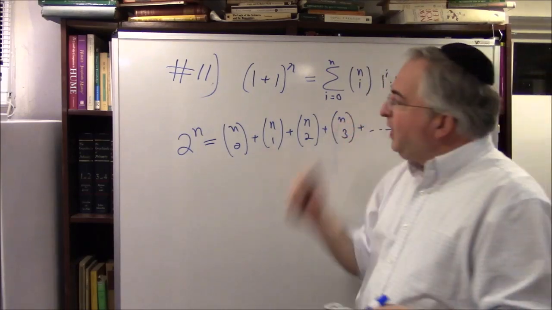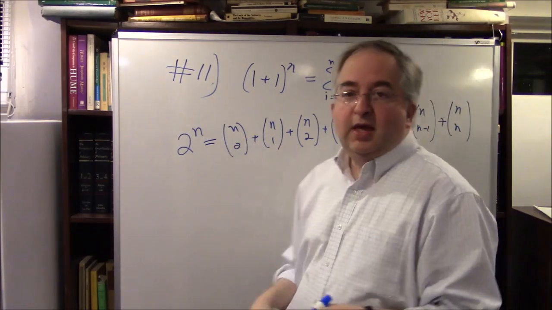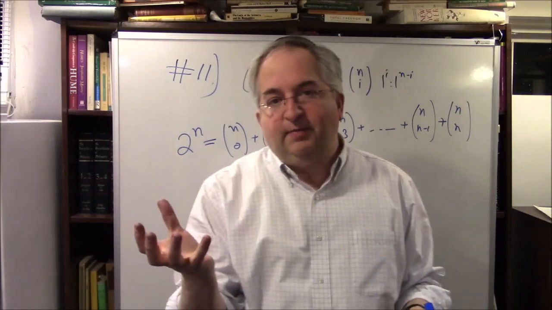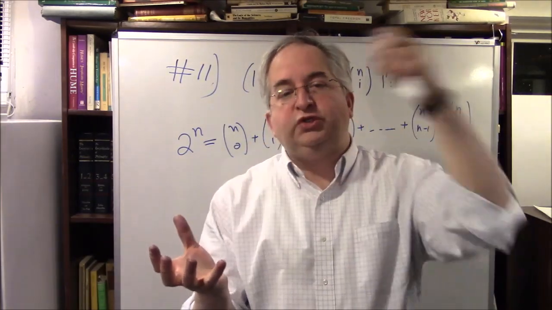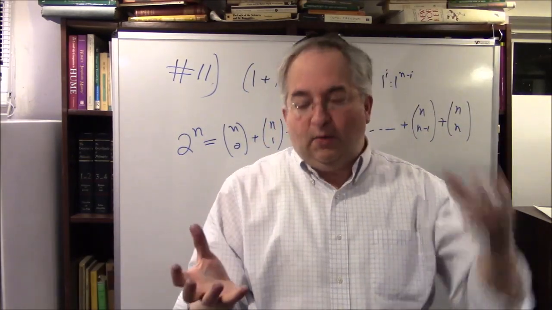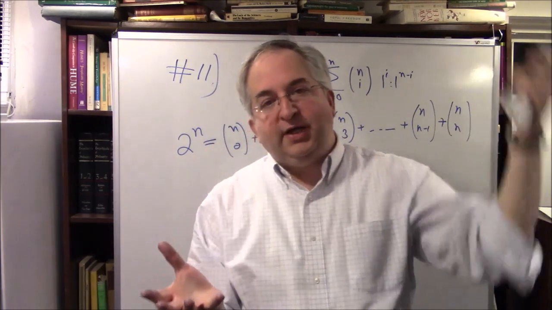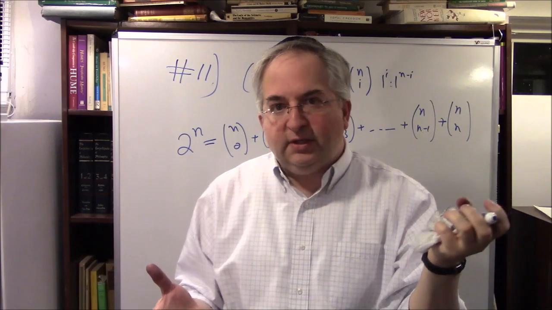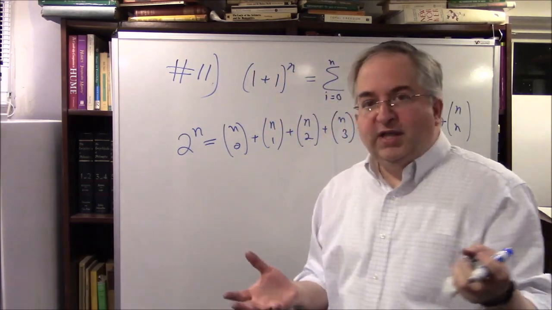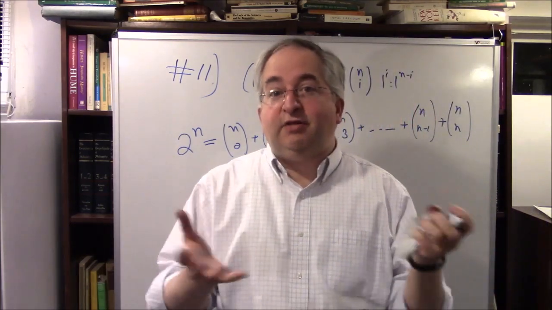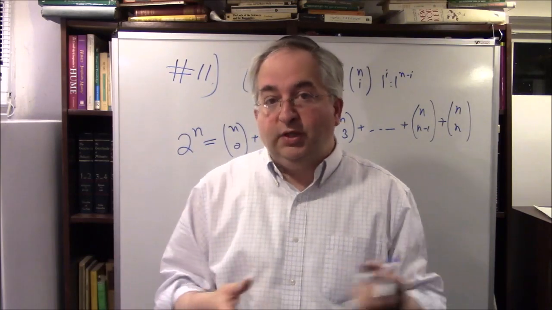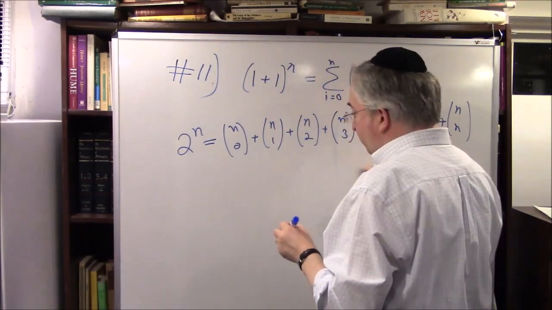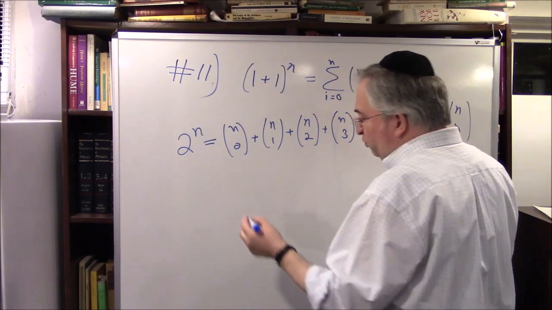You ready? I have n elements. I have an urn of n elements. I want to choose subsets. When I'm reaching in and pulling out r things, I'm pulling out a subset of r things. Great. Now I want to ask the following question. How many subsets are there altogether? Well, we know this from the first semester, first day of class.